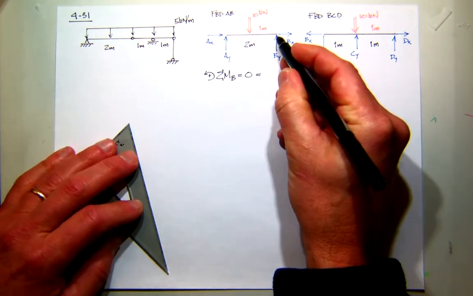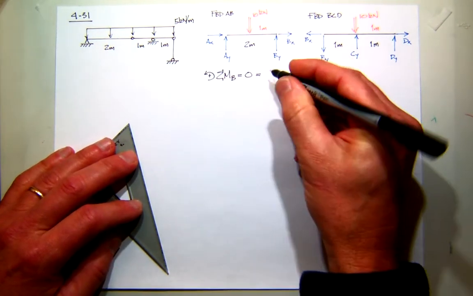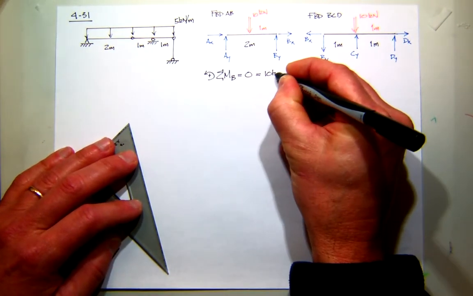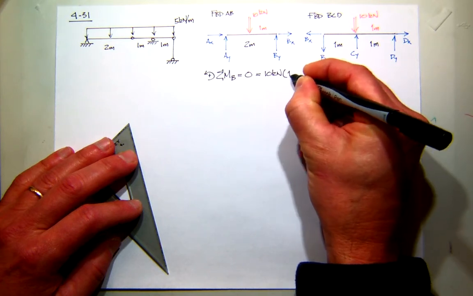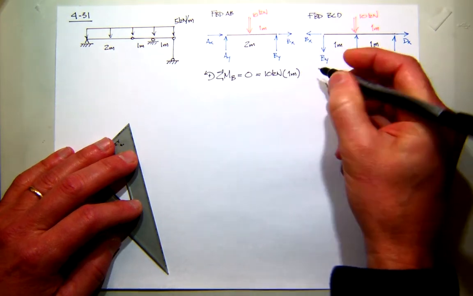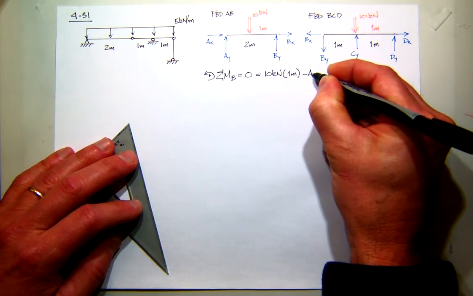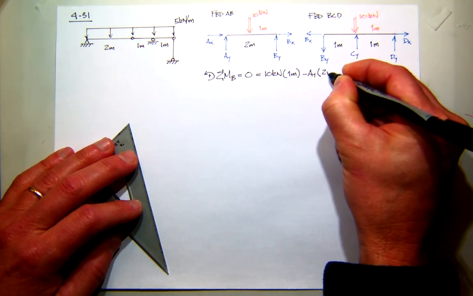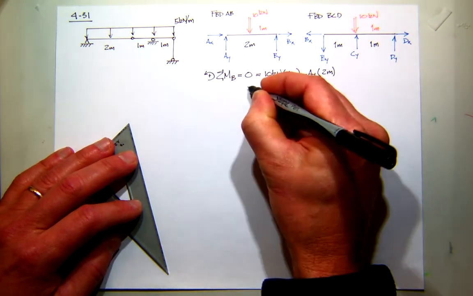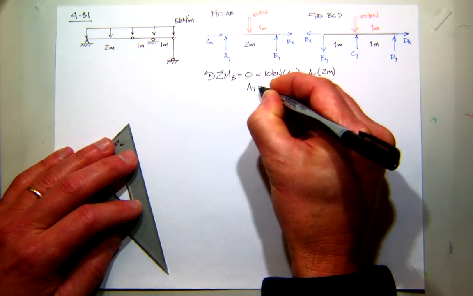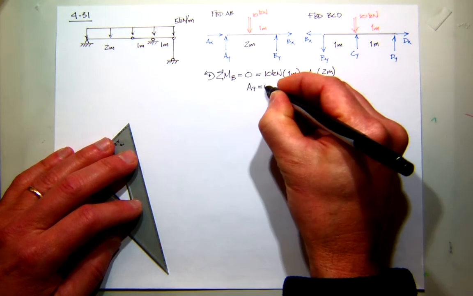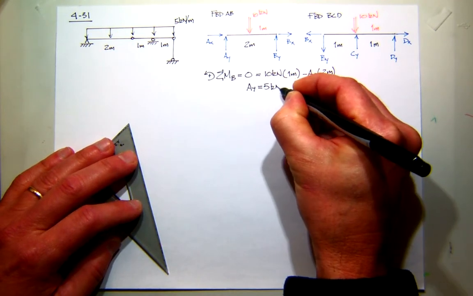So summing moments about B, I have the moment created by the 10 kilonewton force, which is positive moment, with a moment arm of 1 meter. And then I have Ay creating negative moment with a moment arm of 2 meters. It's not hard to see that Ay is equal to 5 kilonewtons.